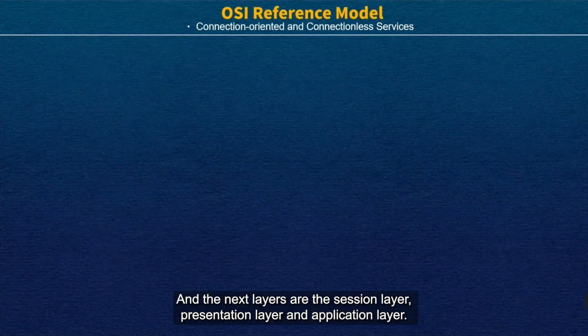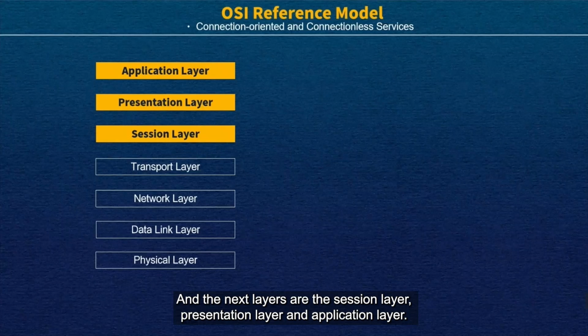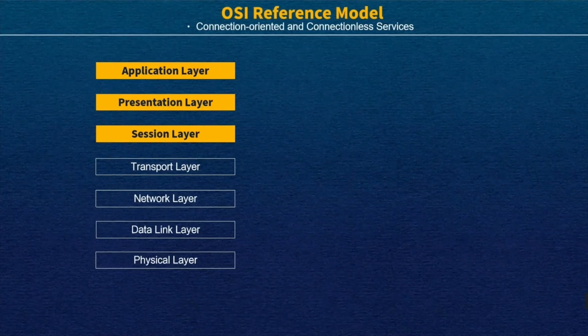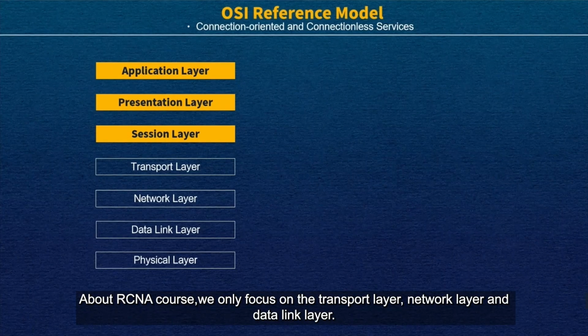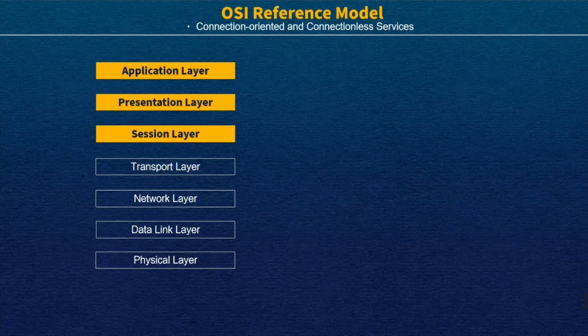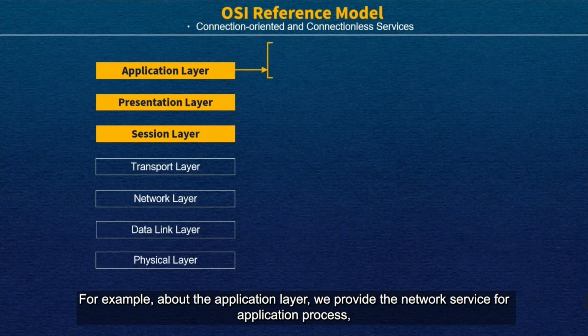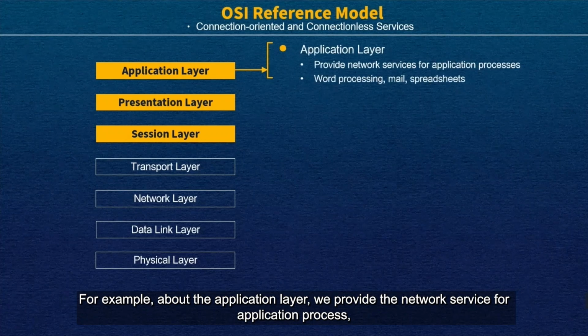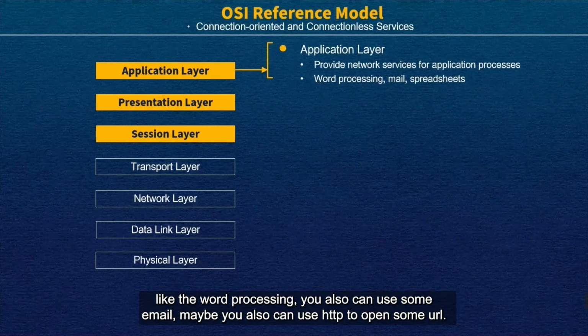And the next layers are the session layer, presentation layer, and application layer. In RCNA, we only focus on the transport layer, network layer, and data link layer. For these three layers, knowing the function is enough. For example, the application layer provides network service for application processes, like word processing.